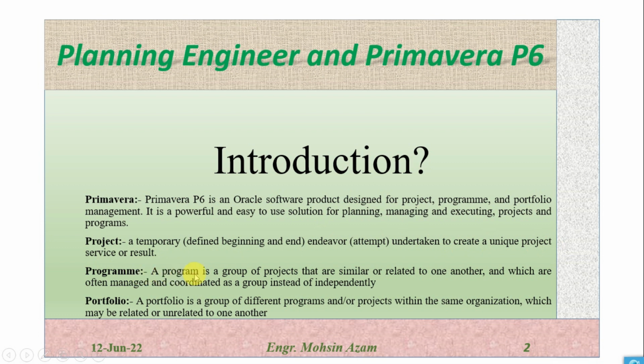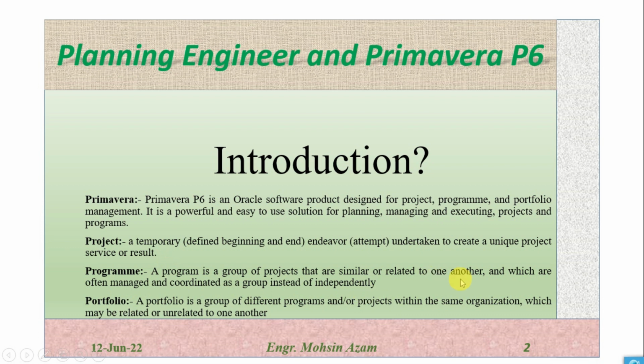The next is program. A program is a group of projects that are similar or related to one another and which are often managed and coordinated as a group instead of independently. So a group of similar projects is called a program, and it will be coordinated as a group instead of independently.